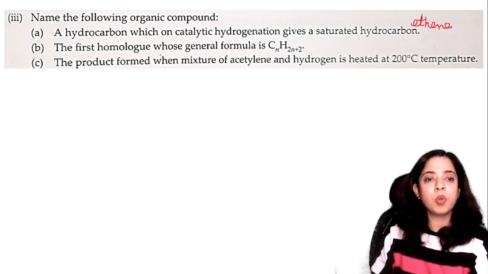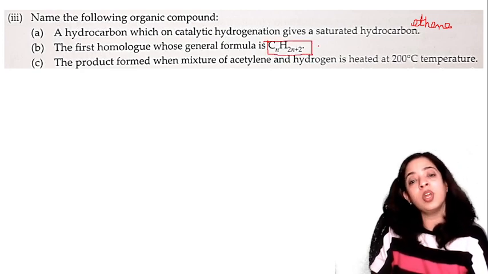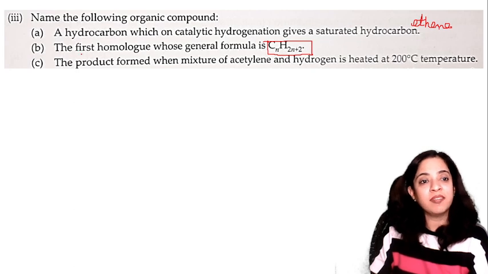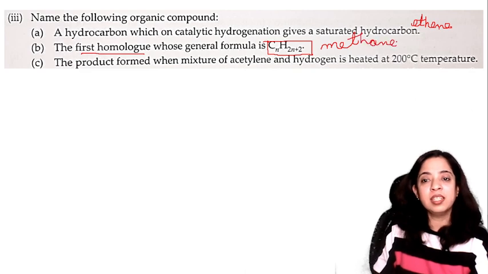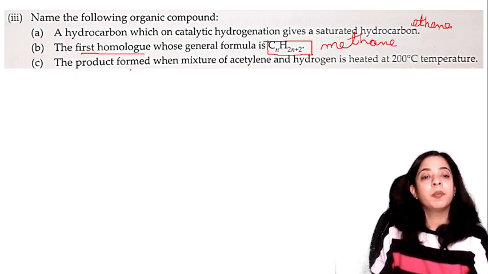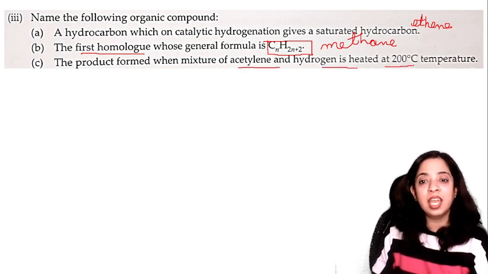Now, the first homologue whose general formula is CnH2n plus 2. So CnH2n plus 2 is for alkane, and they have given the first homologue. Which is the first member of alkane? It is methane, isn't it? Now, the product formed when a mixture of acetylene and hydrogen is heated at 200 degrees Celsius.